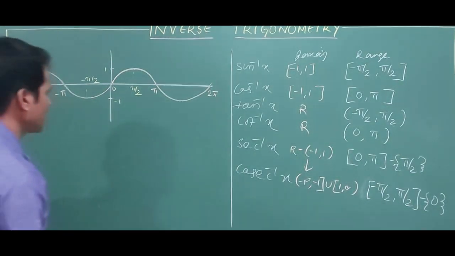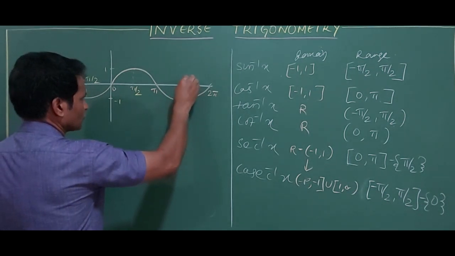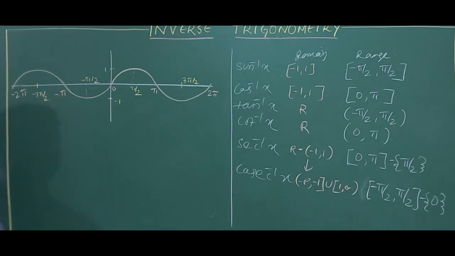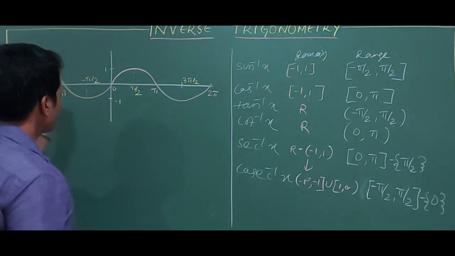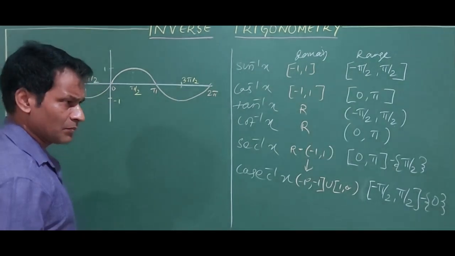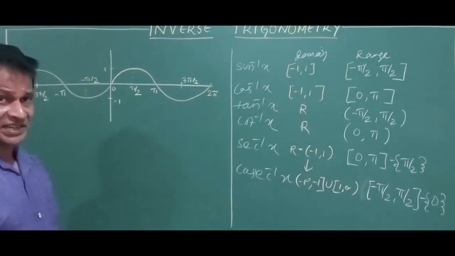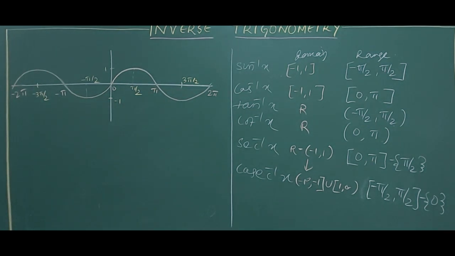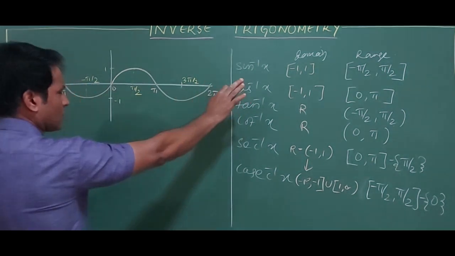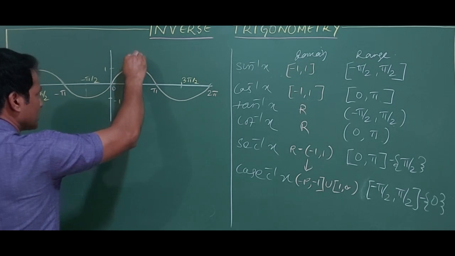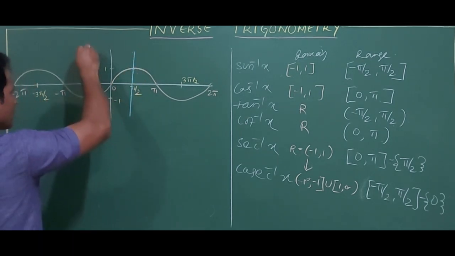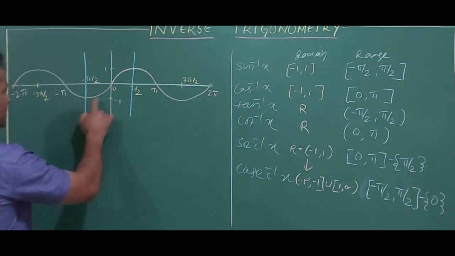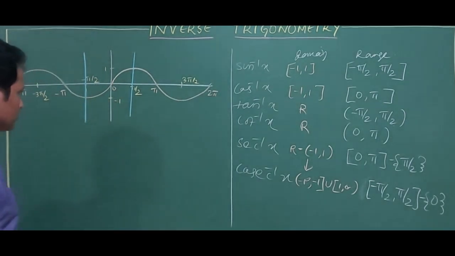Suppose I draw a line parallel to the x-axis, but it cuts the graph at more than 1 point, so it is not 1-1, so I have to restrict it. I know that this graph is not 1-1. Suppose I draw a line here and only think about the graph in between this line. How does it look?